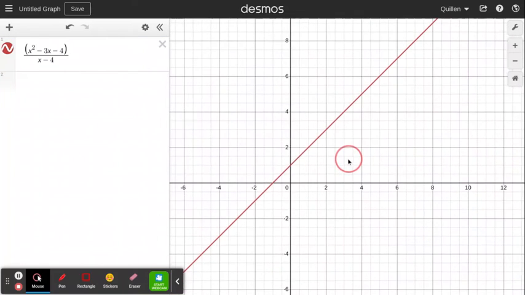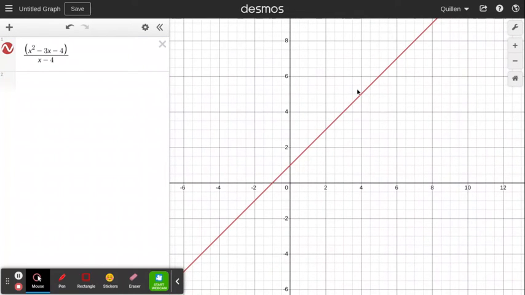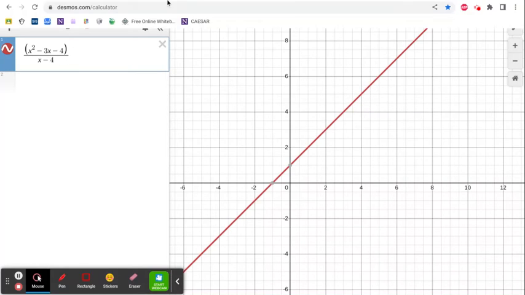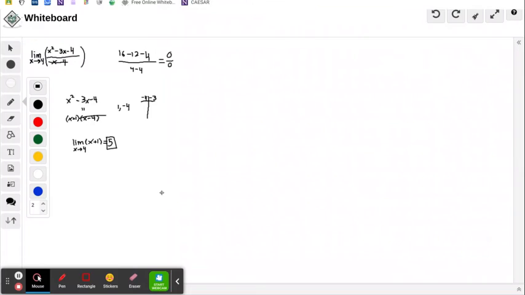And you will see that just eyeballing it, as x gets to 4, it seems like y would be getting to 5 if it were defined. Of course, it isn't defined, but it looks like 5. That means that our original answer, 5, is correct.